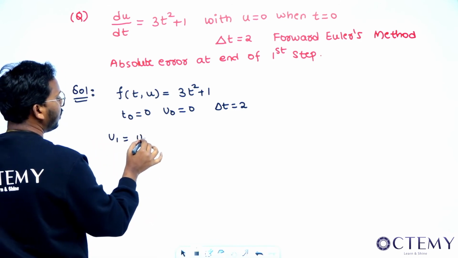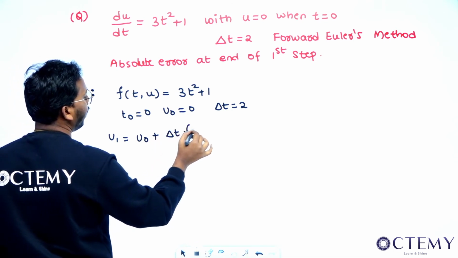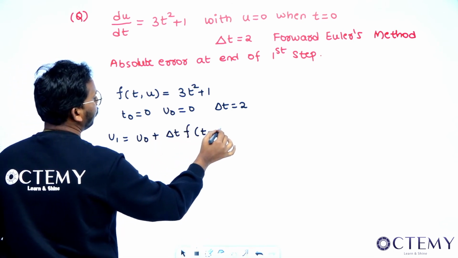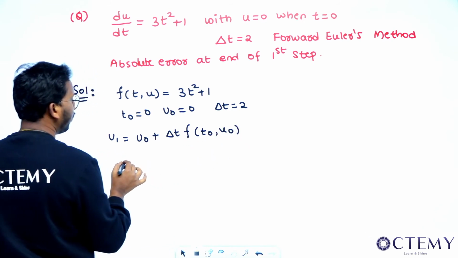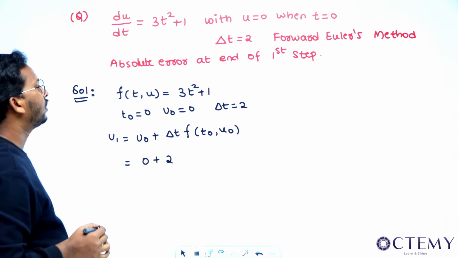So what will be your u1, sir? u1 will be u0 plus delta t into f of t0, u0. So 0 plus 2 times, you have to substitute this here, sir.